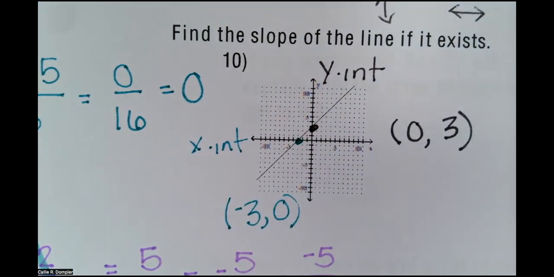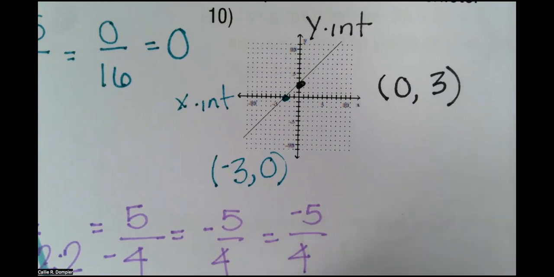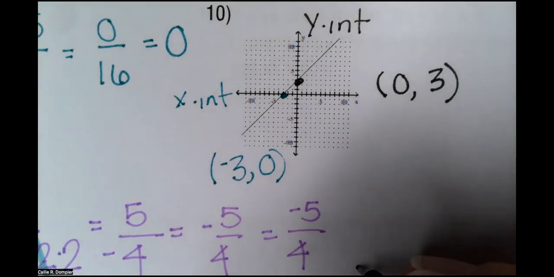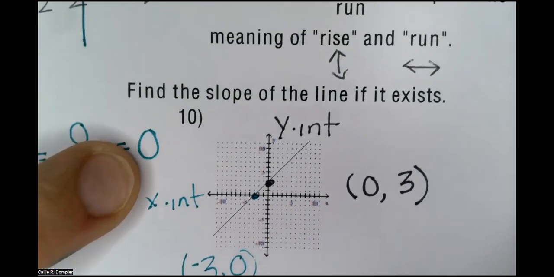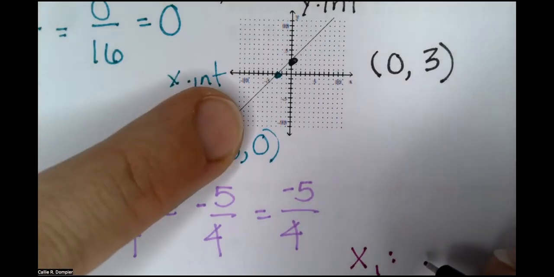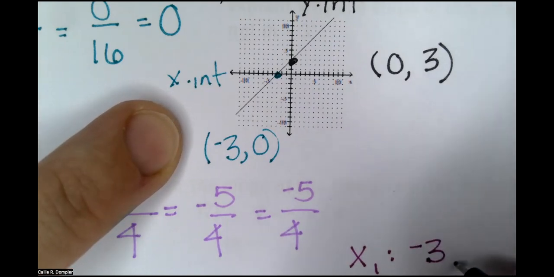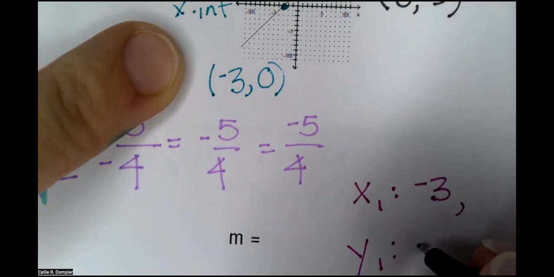X-intercept. So all they gave us was a graph, a picture of a line. And now we found 2 points. Now you're going to need to find the slope of those 2 points. X1, doesn't matter if you start with the -3 or the 3. X1 is -3. Y1 is 0.